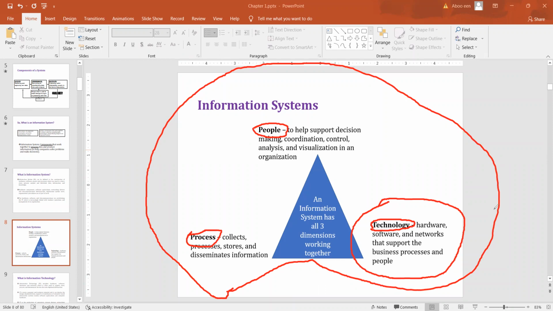But information technology is a subcomponent of an information system. It is a subcomponent of the entire information system. All together, these three elements are the information system. But information technology is a subcomponent of an information system.